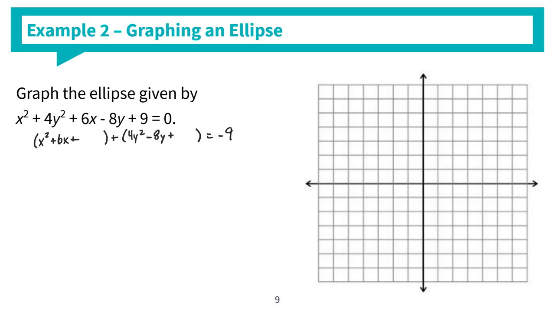Now, what we want to do is complete the square. We want these parentheses to become perfect square trinomials. So we have to find that one number that when you multiply to that number and add to b, it's going to be the same exact number.